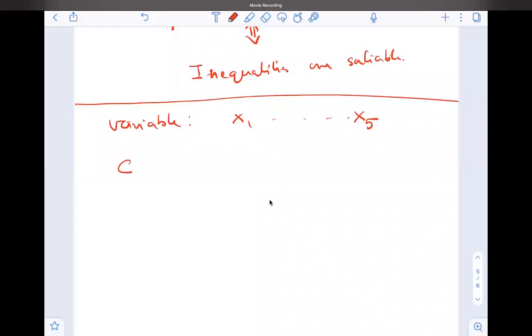The formula is x1 or x2 or x3. If this is the formula, what will be the inequality? All xi's should be between 0 and 1, and 1 minus x1 plus 1 minus x2 plus 1 minus x3 should be less than or equal to 0.